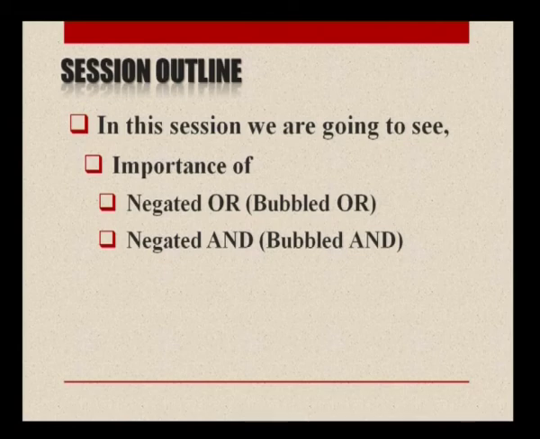Before we start today's lecture, let us see the session outline. In this session, we are going to see the importance of negated OR gate and negated AND gate. In the last lecture, I gave some examples for the simplification of a lengthy Boolean expression and also the implementation of the Boolean expressions into digital circuits using logic gates.